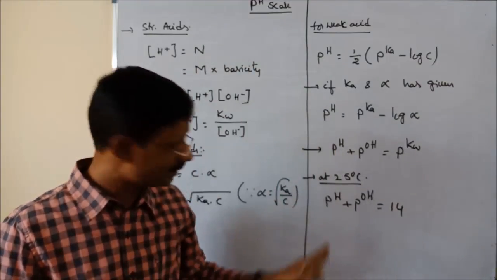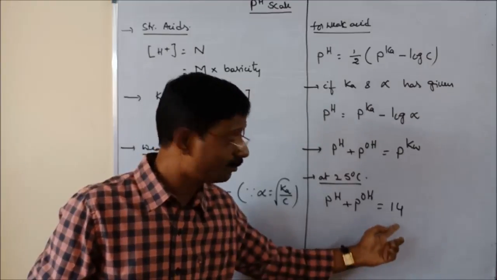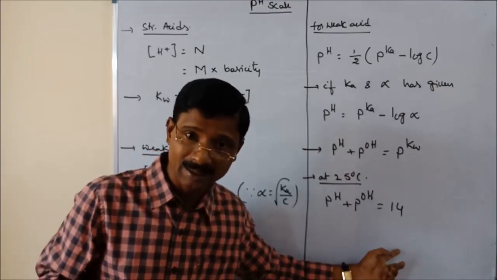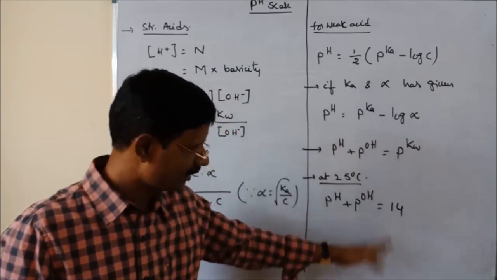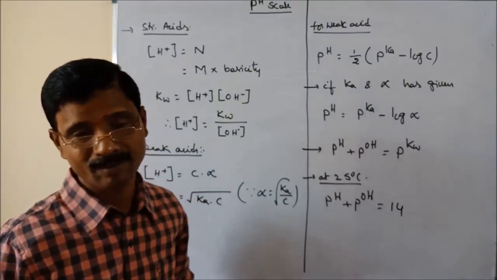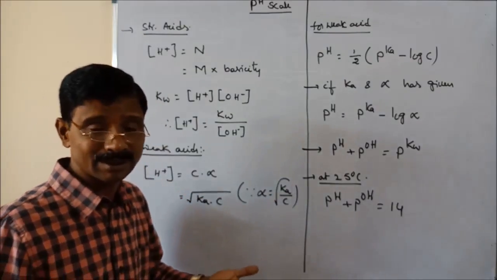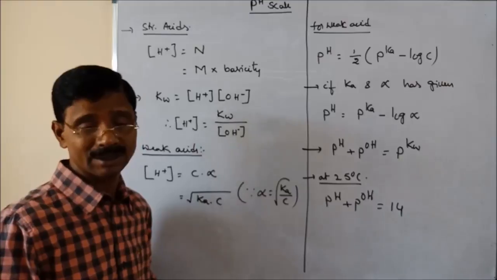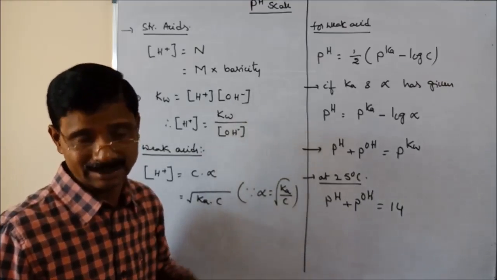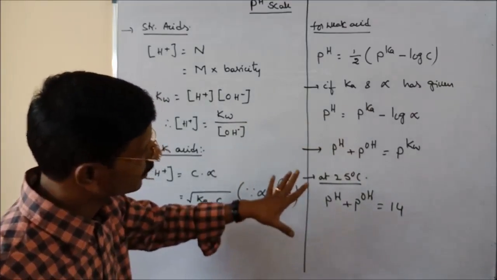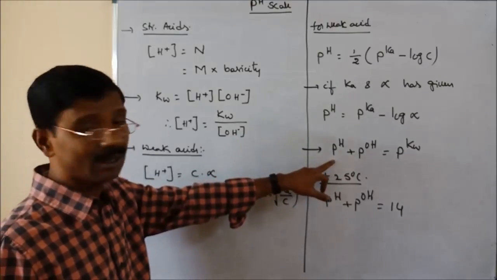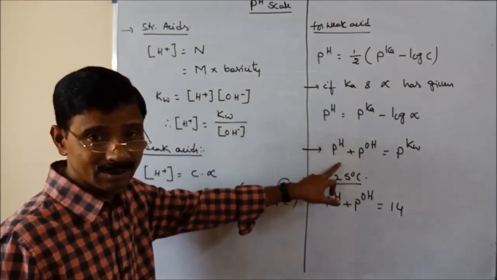Suppose if temperature increases, sometimes it will become 13.5 or 13 or 12. So like that, it decreases, since by increasing temperature, the concentrations of H plus and OH minus go on increasing. So that is regarding the relation between pH and pOH of the solution.